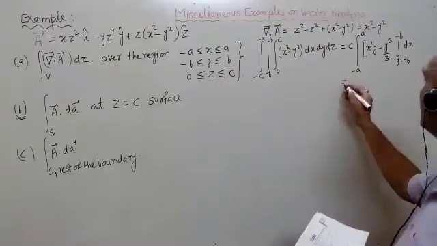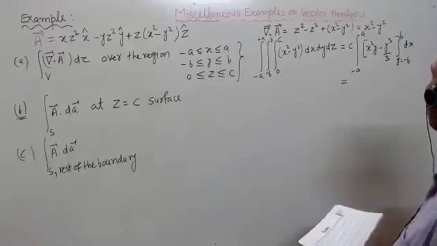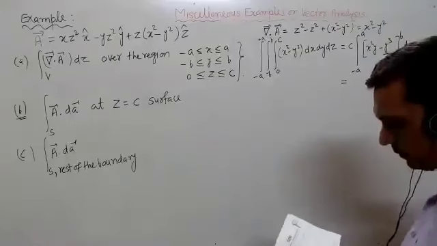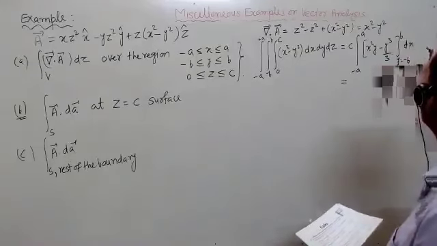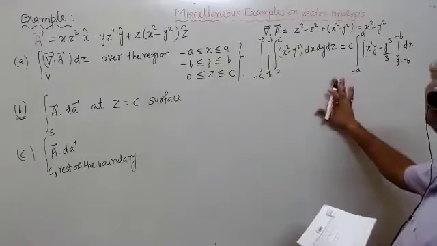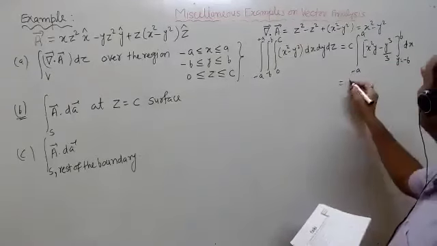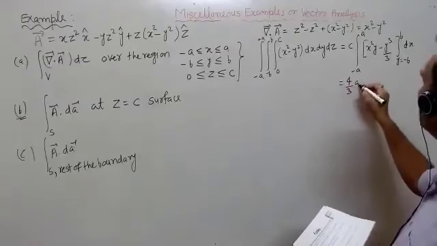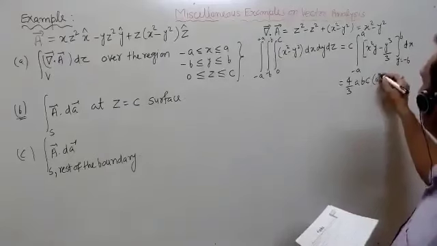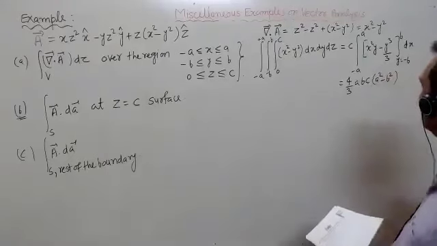What will be the final answer? I think you will get 4 by 3 abc times a square minus b square.